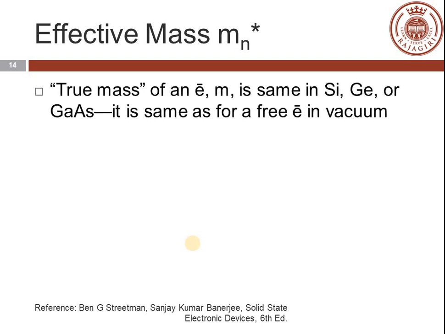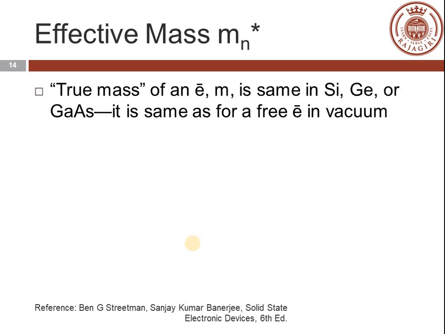If it's the same material, whether it is silicon, germanium, gallium arsenide or any other material, the true mass of an electron m will be the same, and for true mass we just use m. If it's effective mass we use the term m asterisk.